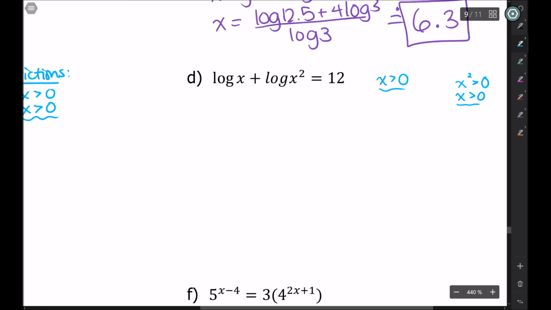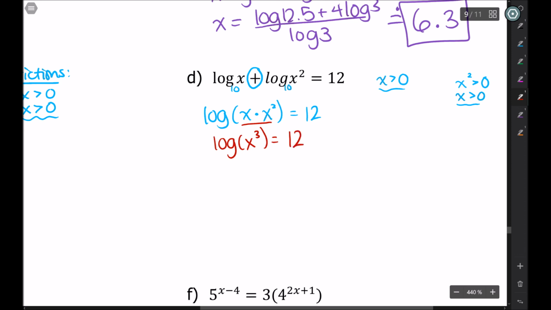Okay. Now, a reminder that if we have addition, it means to multiply as long as we have the same base. And our base here is an invisible 10. Okay, so we can say log of x times x squared is equal to 12. So I'm going to simplify this here into log of x to the power of 3 is equal to 12.